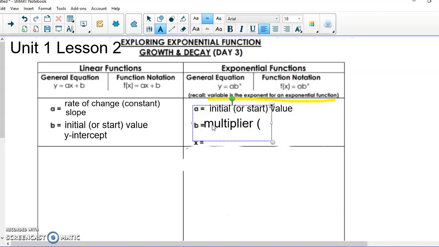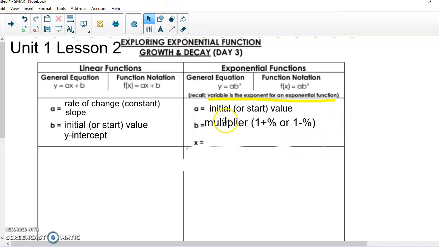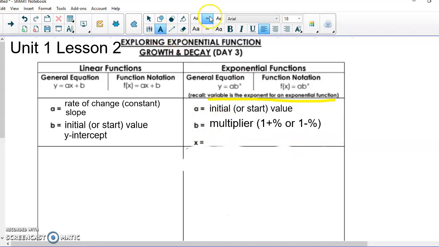We'll take notes on how this is either a whole number, or 1 plus a percent, or 1 minus a percent, a little bit later. And then x represents our time, so for how long. x usually represents a time period. All right, so that's what we have there.